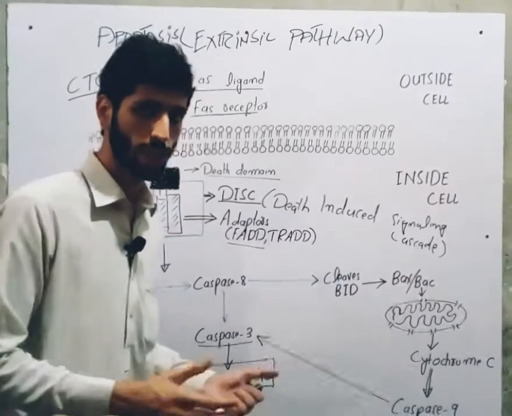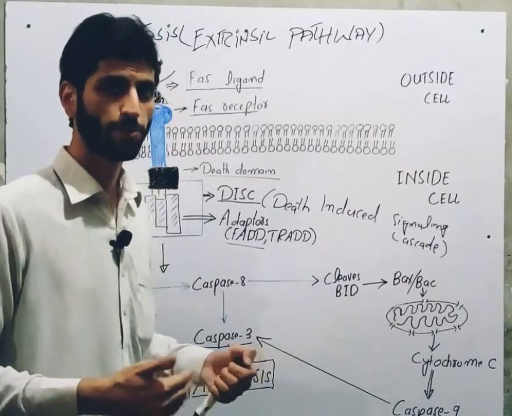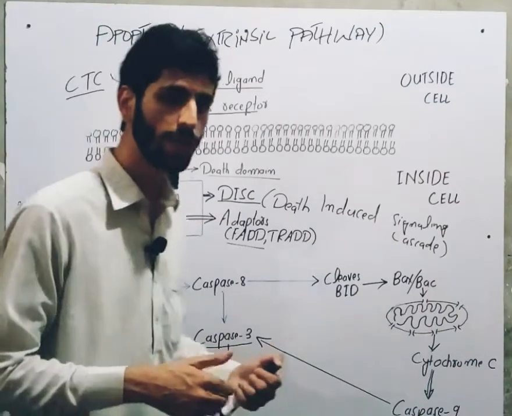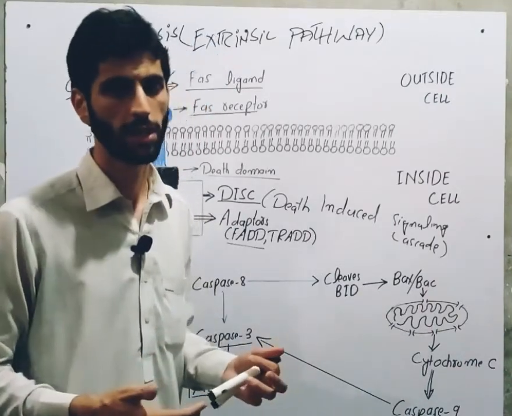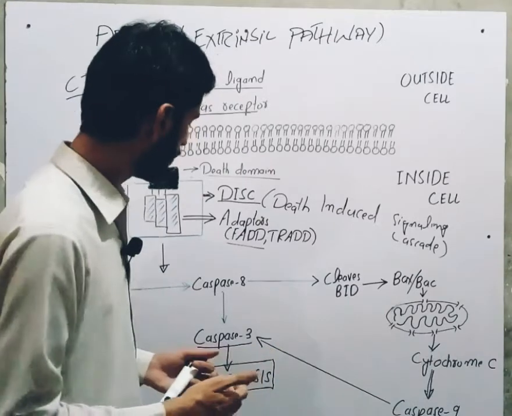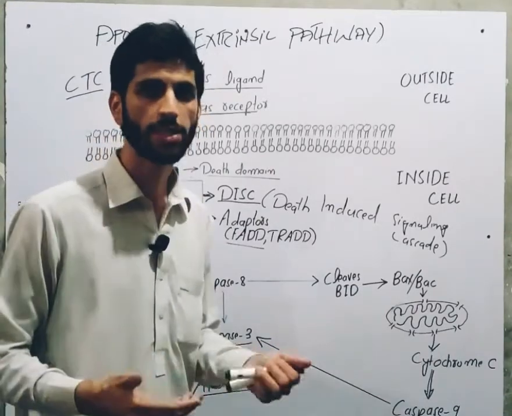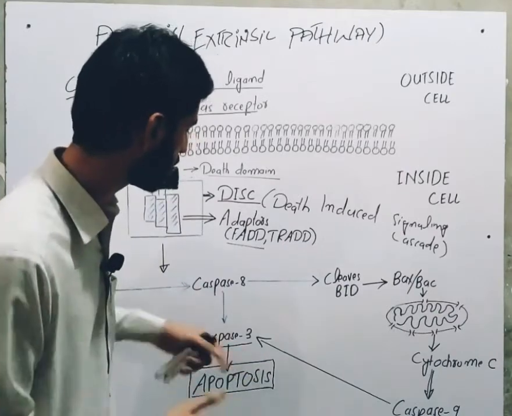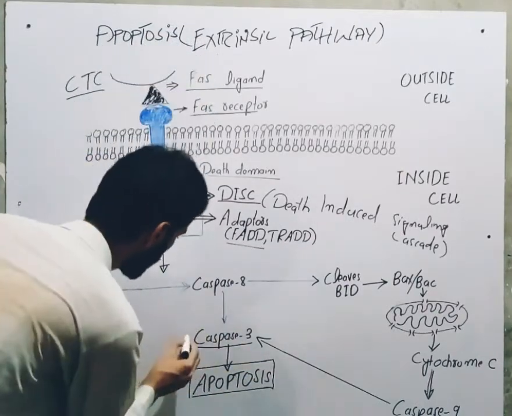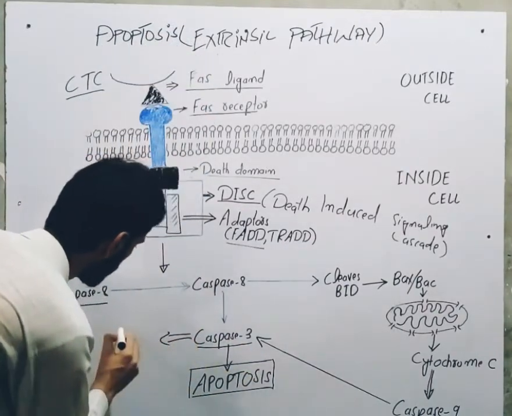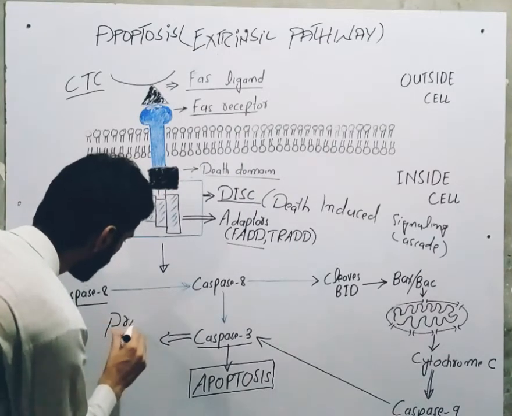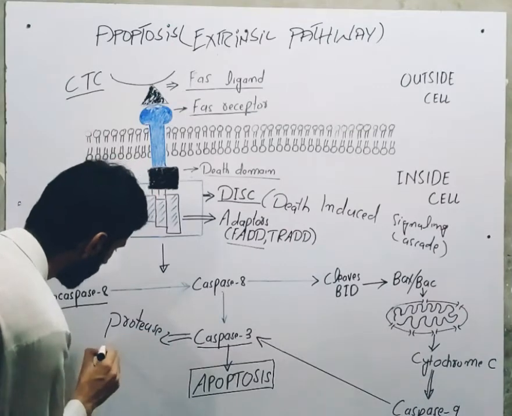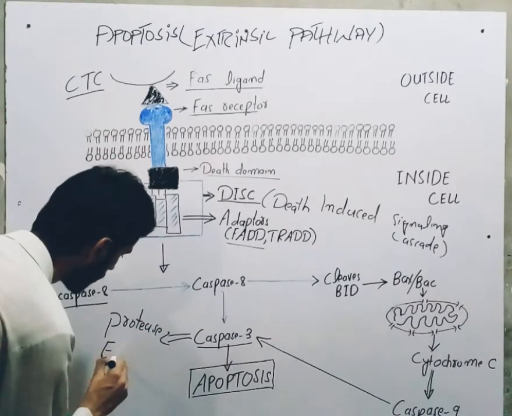Proteases will cleave or degrade the cytoskeleton inside the cell. The other are endonuclease enzymes, which are also activated by caspase 3.